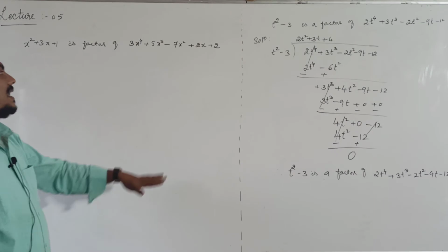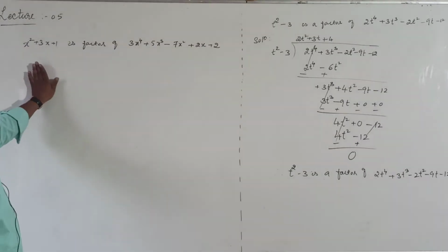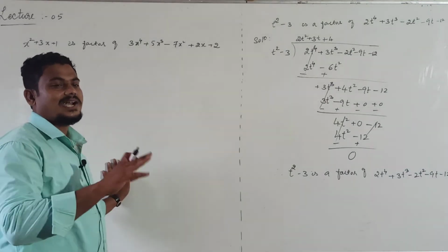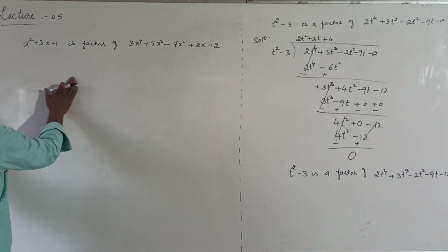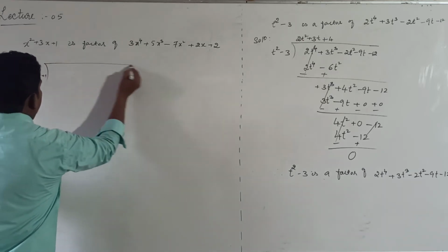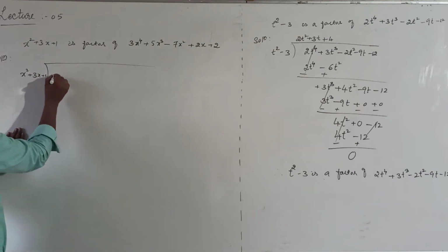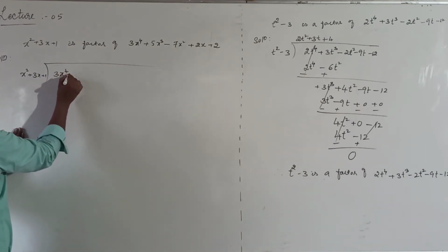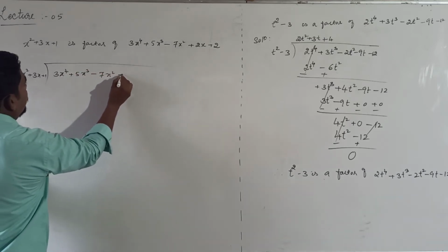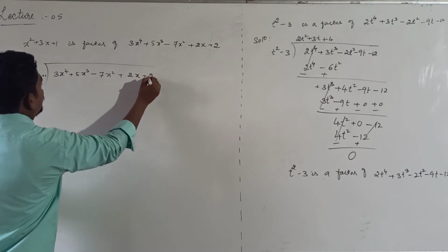For that, divide this polynomial by the first polynomial. If the remainder is 0, then it is a factor. If the remainder is non-zero, then it is not a factor. Take x square plus 3x plus 1 as the divisor and 3x power 4 plus 5x cube minus 7x square plus 2x plus 2 as the dividend.